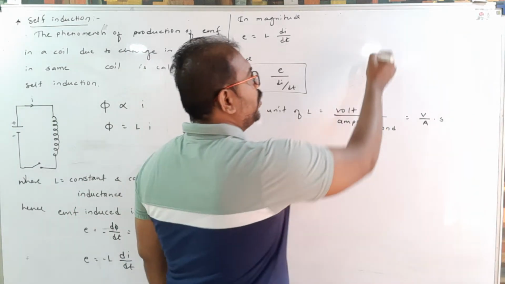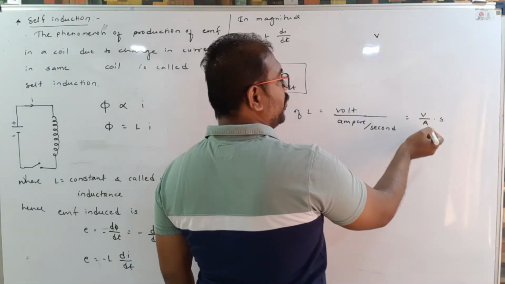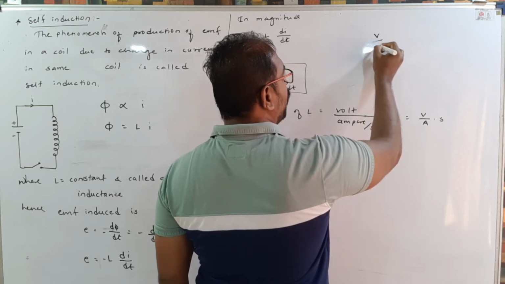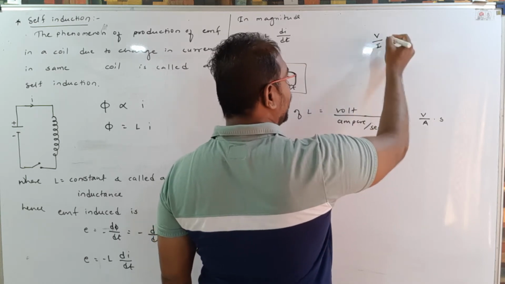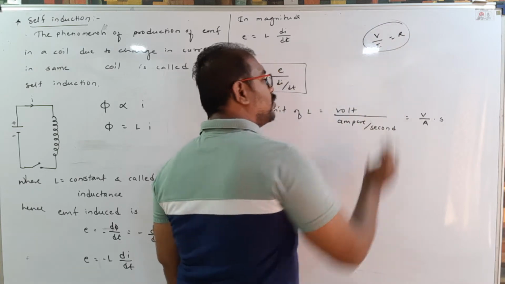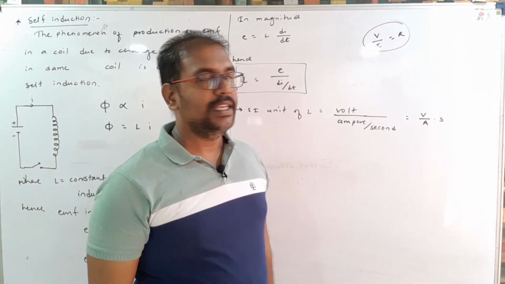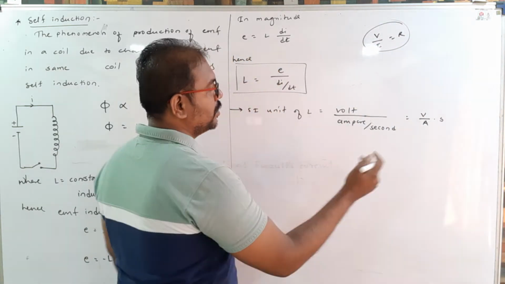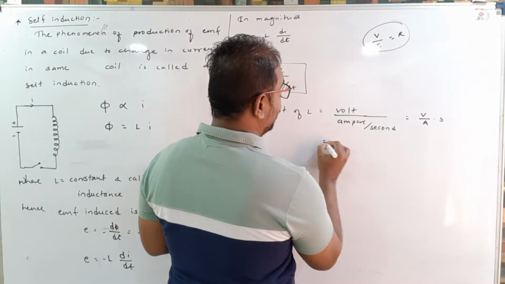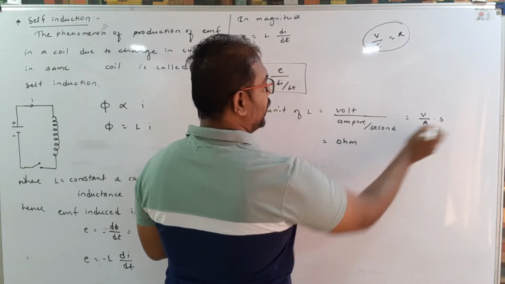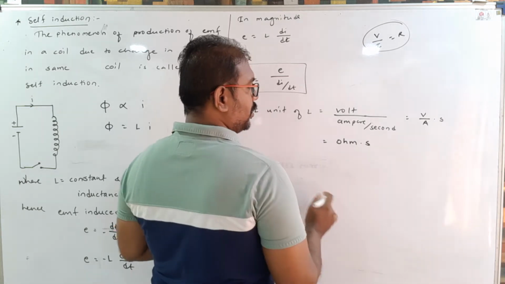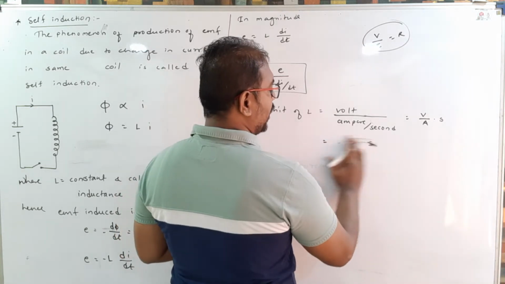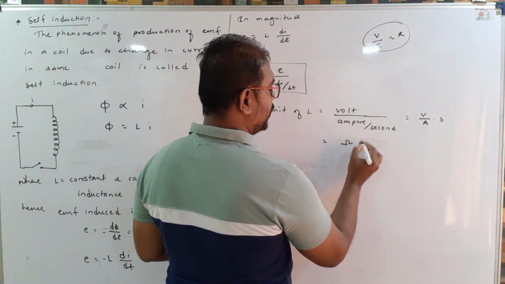So potential divided by current is a resistance. So volt divided by ampere is also unit of resistance and it is ohm. So we can write here ohm and this second as it is. So in symbolic form, ohm second.